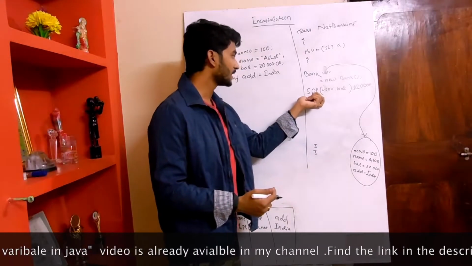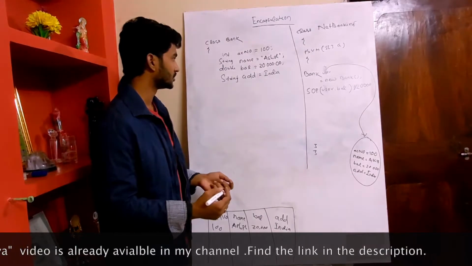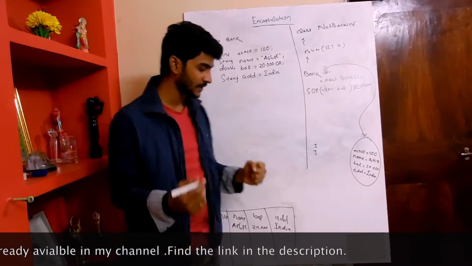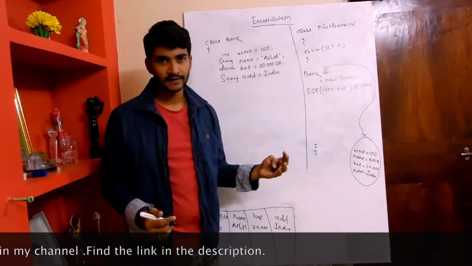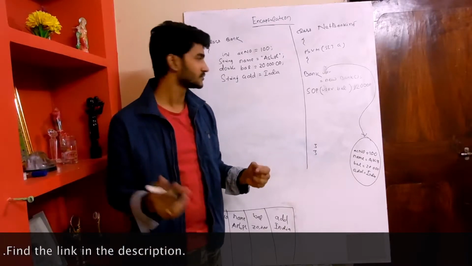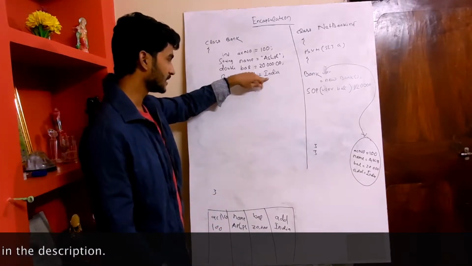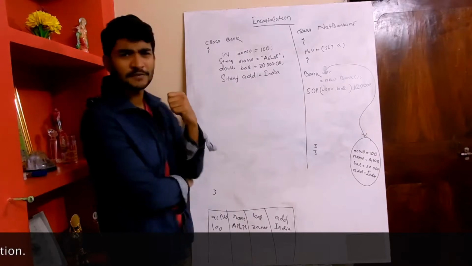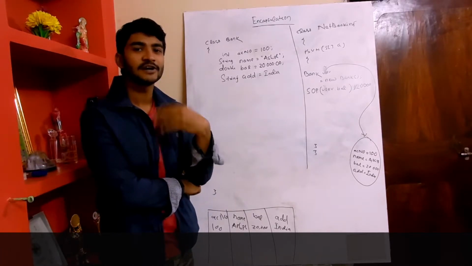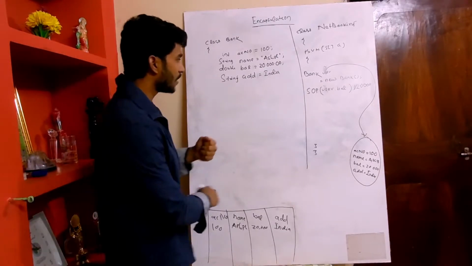So now my user wanted to change his address. My friend is moving to USA next month, so he wanted to change his address. He thought, in the bank I have given the address India, and I wanted to change it to US. How will you do it?